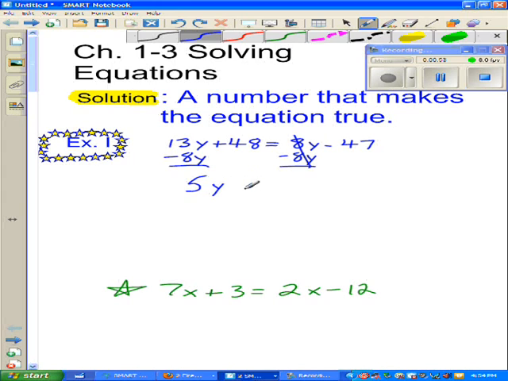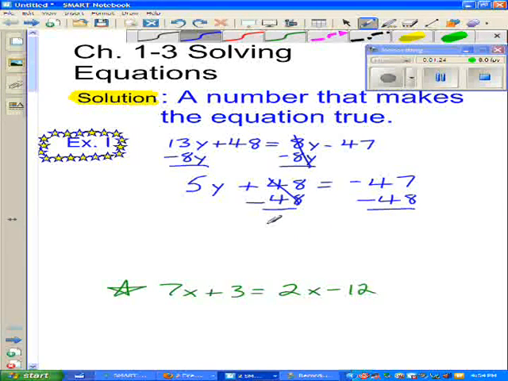So now it's 5y plus 48 is equal to negative 47. We're going to subtract 48 from both sides.